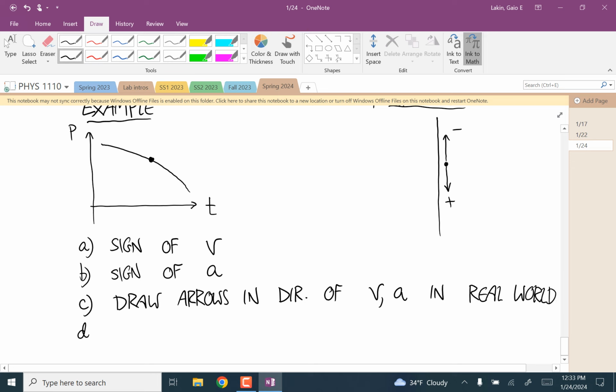And then last, is the object speeding up or slowing down?